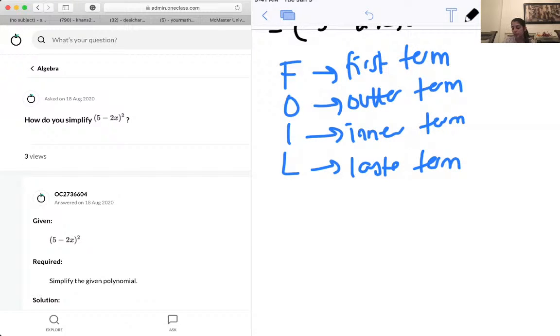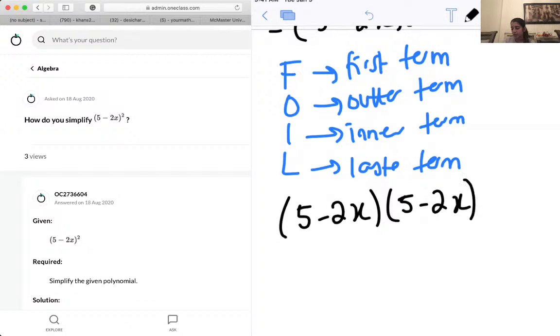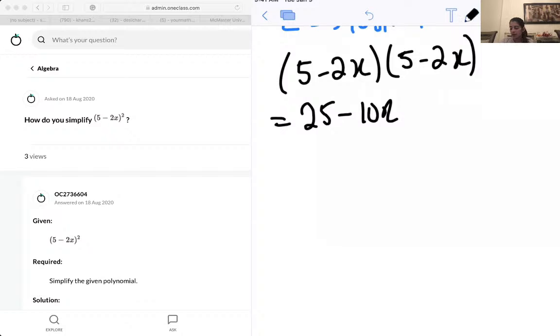So in this example, 5 minus 2x times 5 minus 2x. 5 times 5 is 25. 5 times negative 2x is negative 10x. Negative 2x times 5 is negative 10x, and negative 2x times negative 2x is positive 4x squared.